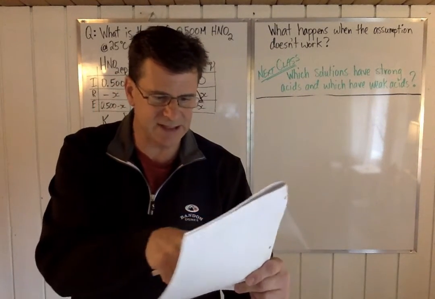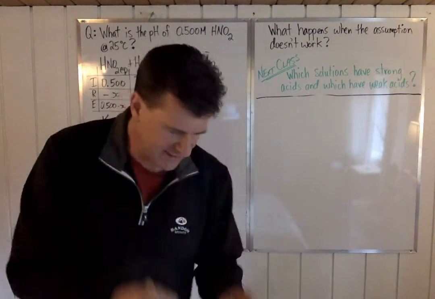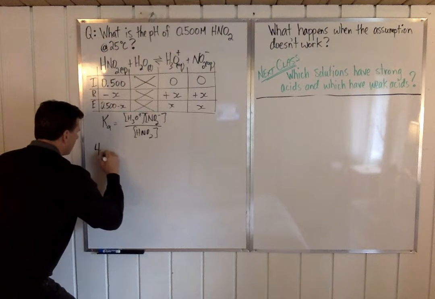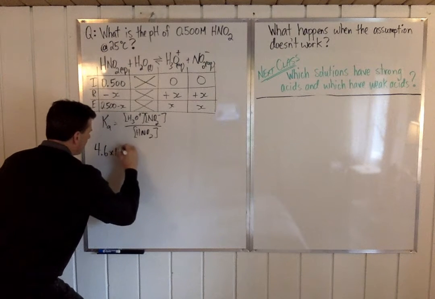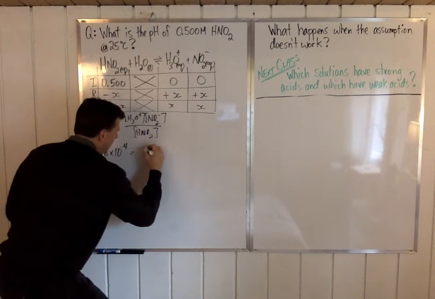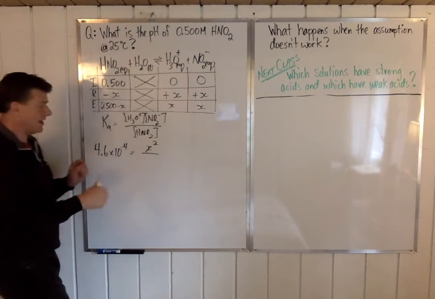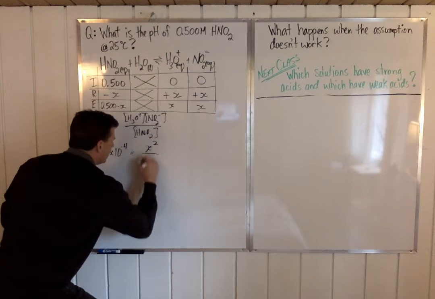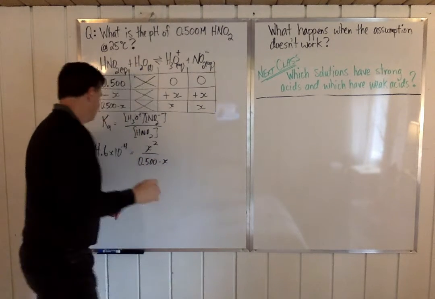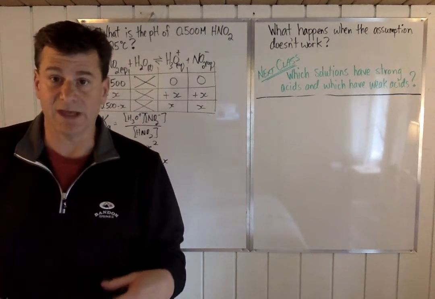So nitrous acid, HNO2, is 4.6 times 10 to the negative 4. Equals, and I've got X times X, that's X and that's X, according to the IRE table, over 0.500 minus X. Okay, so I've plugged in all my values from the E line.